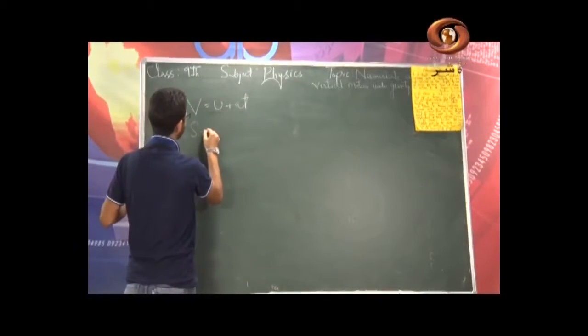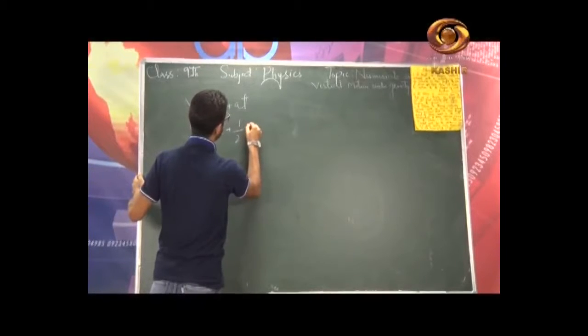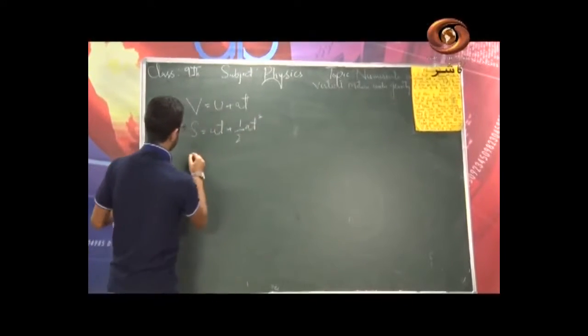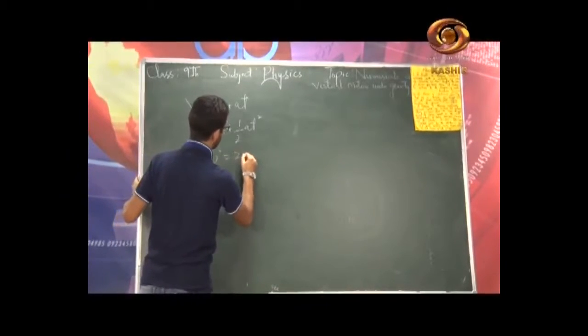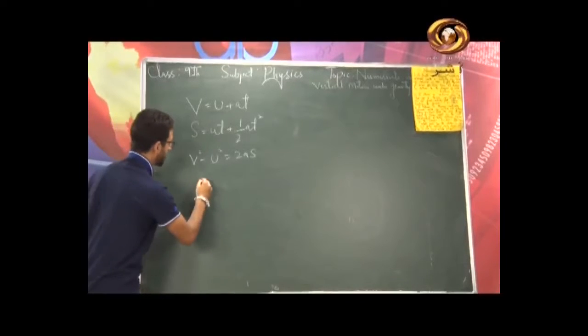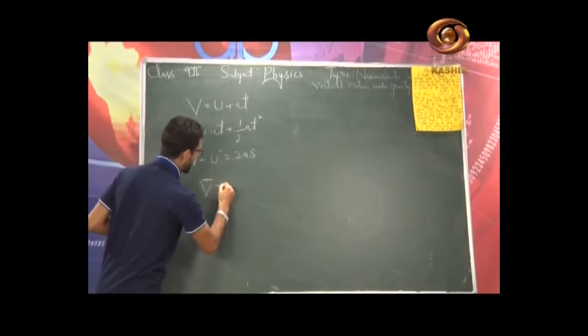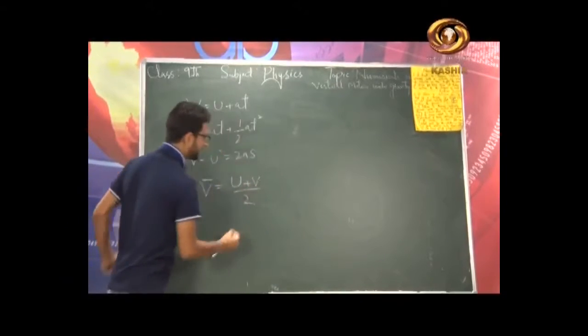Number 2 is S is equal to UT plus 1 by 2 AT square. Number 3, V square minus U square is equal to 2AS. And for a uniformly accelerated linear motion, the average velocity is equal to U plus V divided by 2.